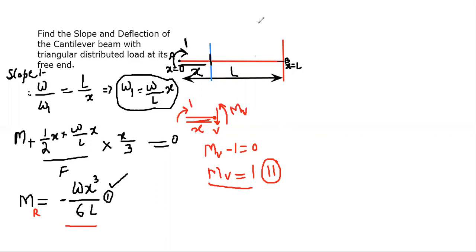By the principle of virtual work, the slope at point A, where you have applied this unit moment, since we are trying to find the slope at point A, not point B, is equal to the integral from 0 to L of the real moment of the beam multiplied by the virtual moment of the beam, divided by the flexural rigidity, that is E into I, dx.